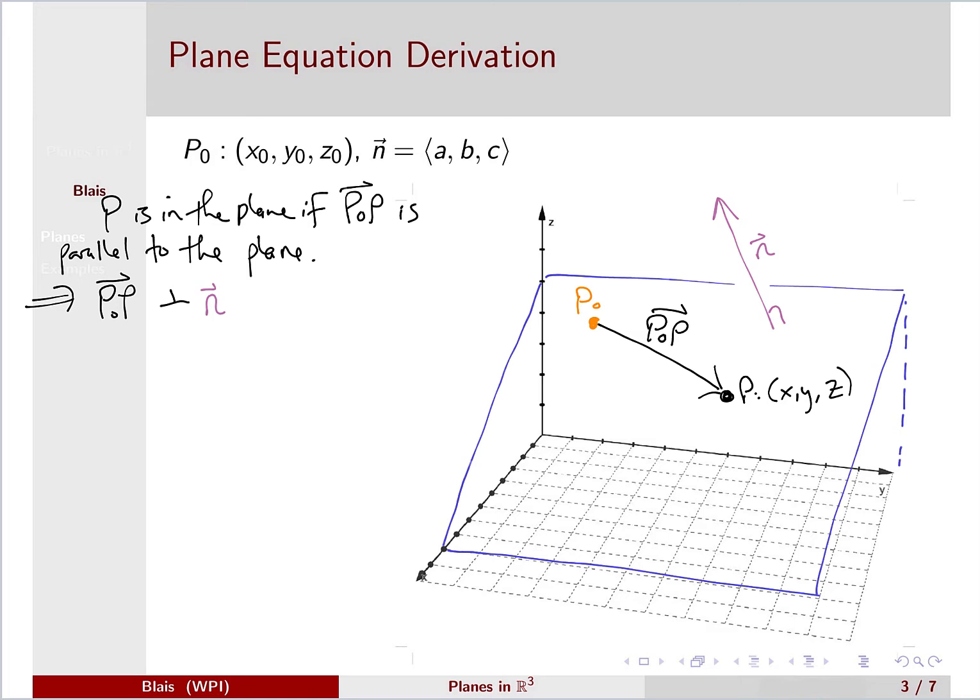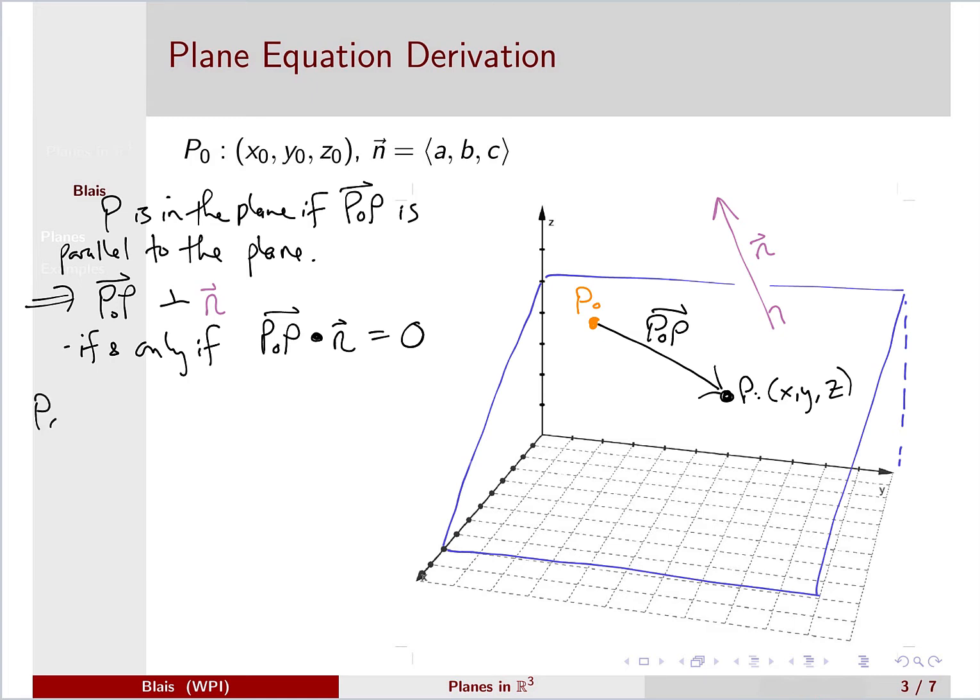Well, think back to how we determined if two vectors were orthogonal, and we thought of the dot product. So remember that two non-zero vectors are orthogonal if and only if their dot product is 0. Well, let's delve into that.